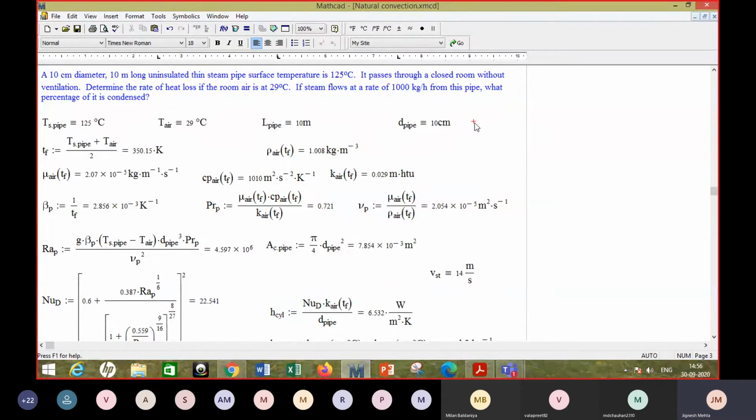External flow, forced convection, cylinder in cross flow. And in that case, we found how much is the heat dissipation rate or heat loss rate from the surface of that pipe. If you don't put insulation, what percentage gets condensed? And if you put insulation, what percentage gets condensed?